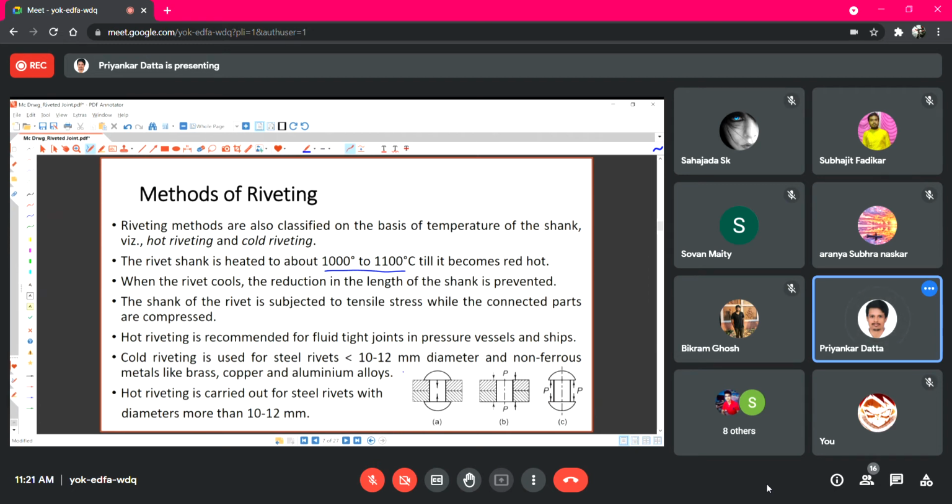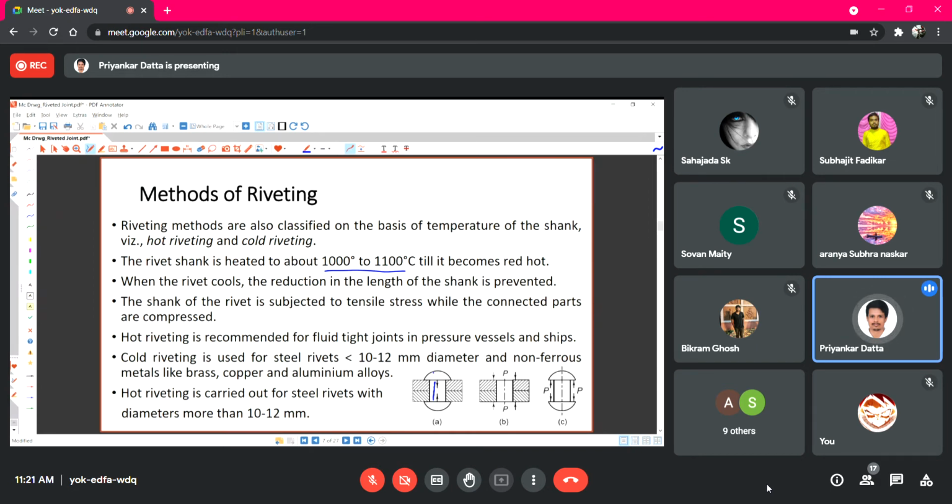So once this is created and the rivet cools down, you can understand that due to high temperature, this shank portion, which is covered between the two plates, was elongated.